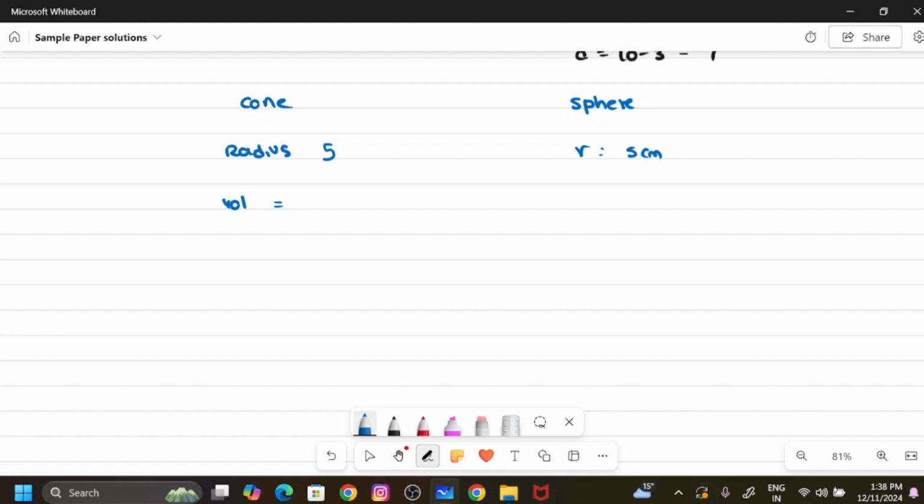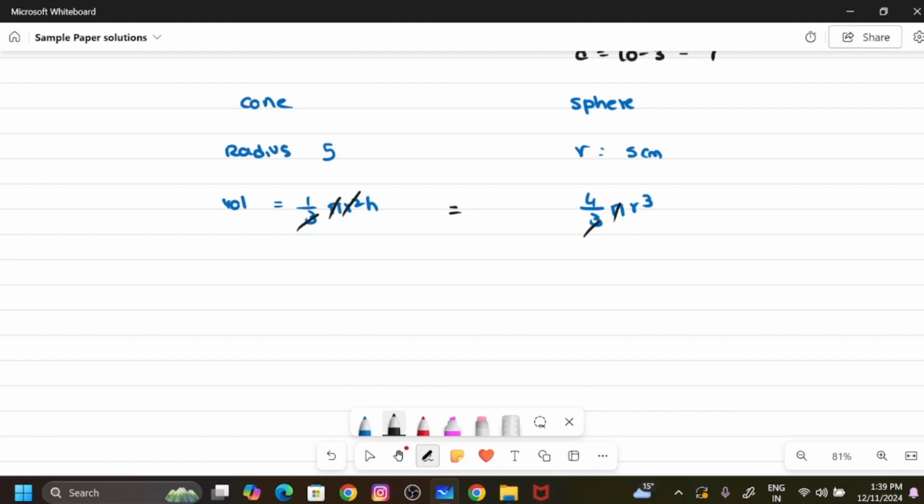Volume of cone is 1 by 3 pi r square h, and volume of sphere is 4 by 3 pi r cube. It is given that both are equal, so equate both. 3 gets cancelled and we can cancel pi also, and r square, since both have the same radius.